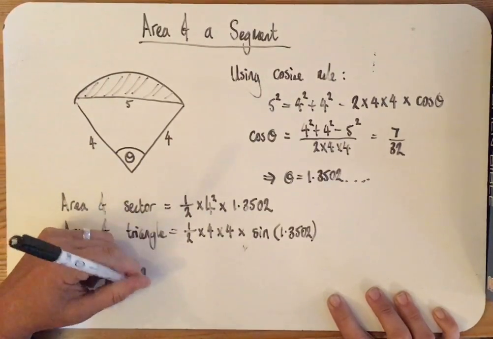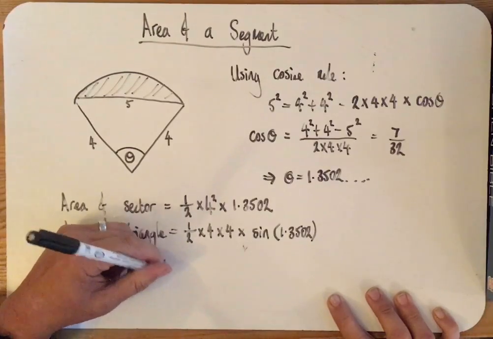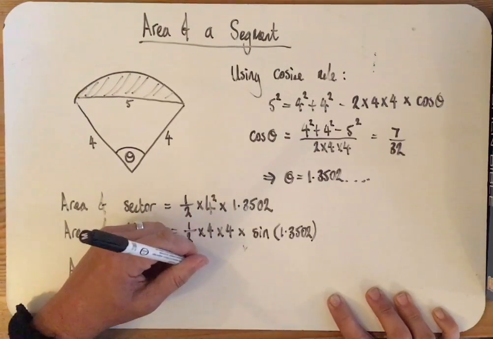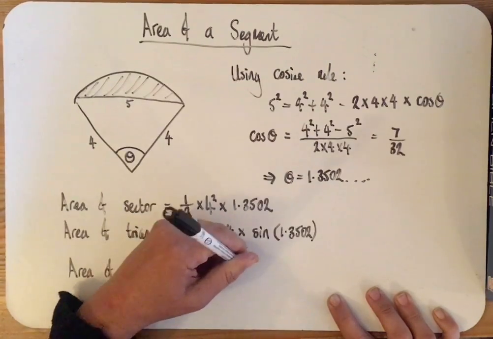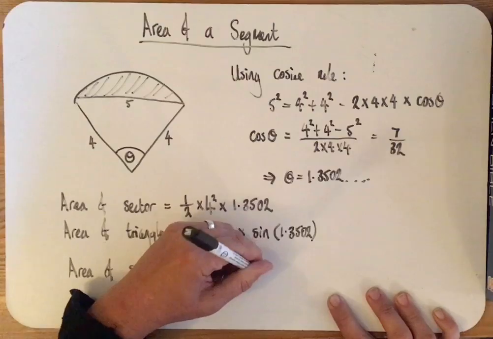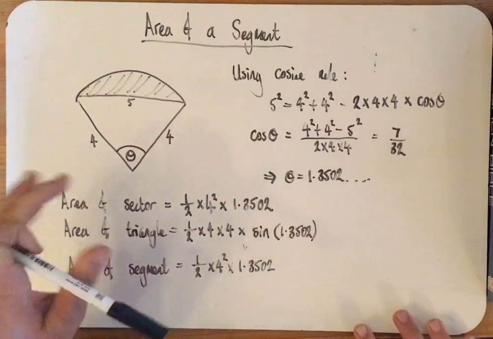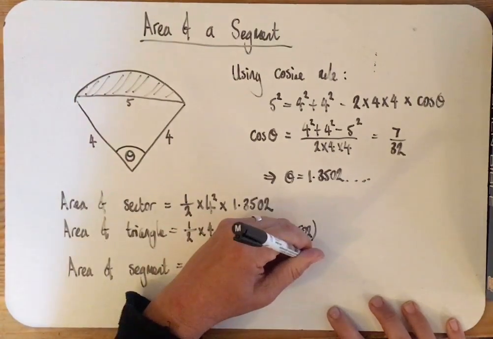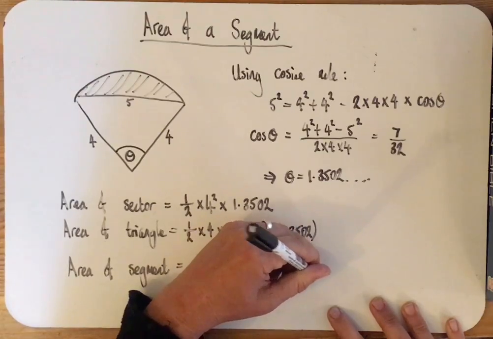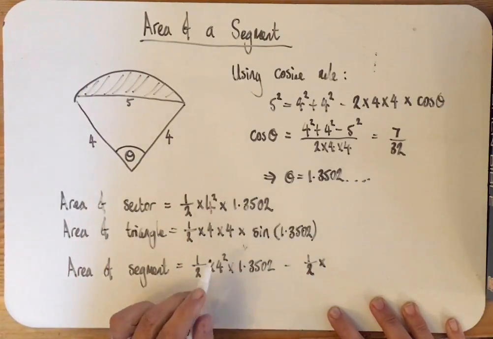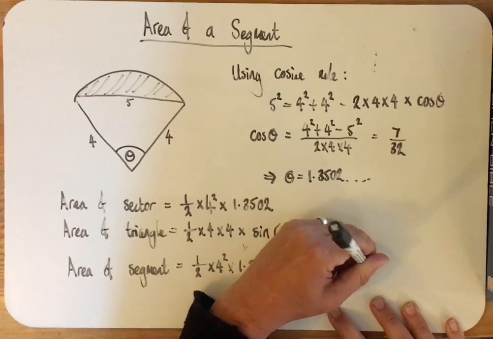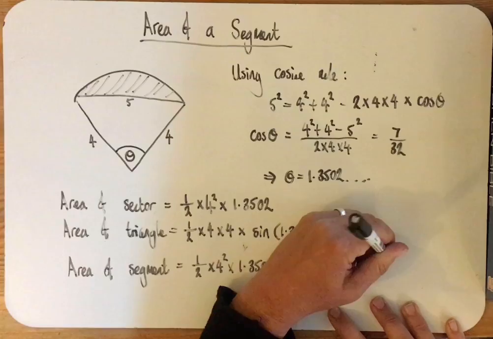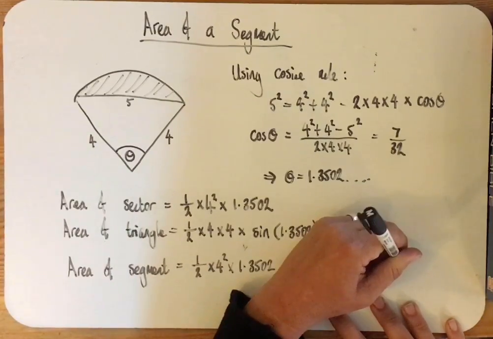So area of segment is equal to a half times 4 squared times 1.3502. So that's the area of the sector minus the area of the triangle. So it's a half times 4 squared times sine of 1.3502.